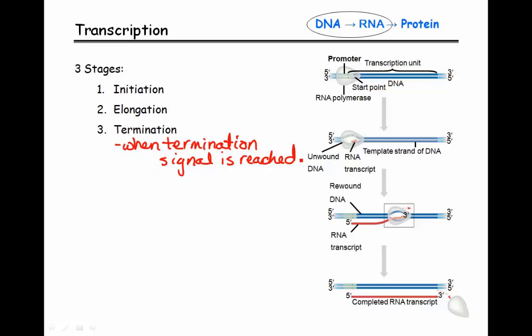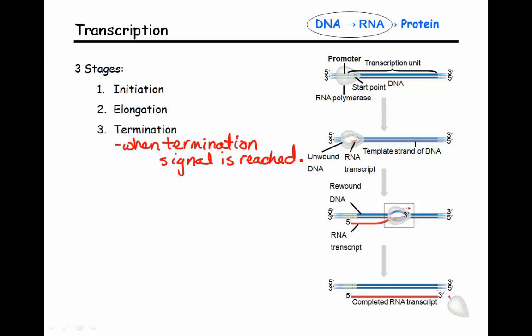When the termination signal is reached, then everything just kind of falls apart. So that means that the RNA polymerase lets go of the DNA. It also lets go of the RNA copy that is just synthesized. And it can now be recruited to another promoter if the transcription factors have found one for it. Notice that we've got an RNA copy that is single-stranded.